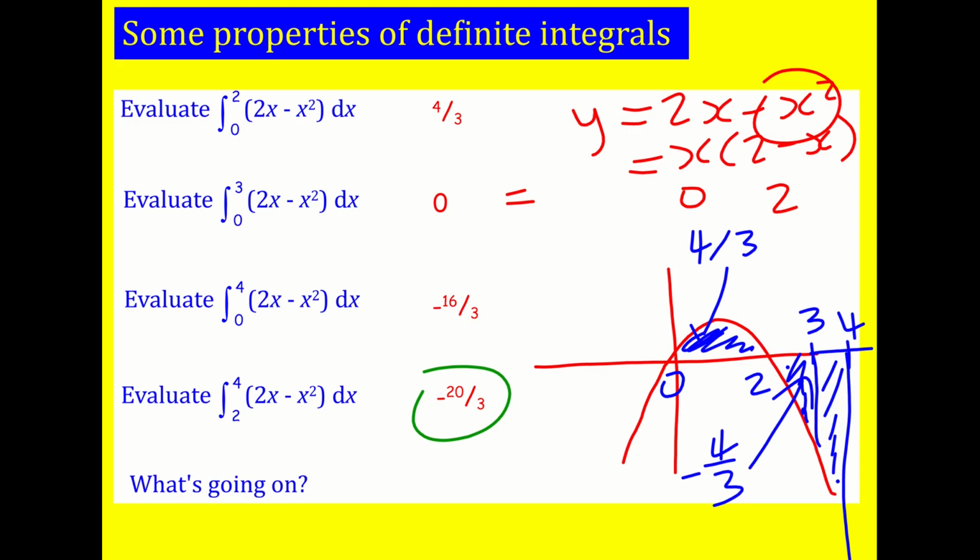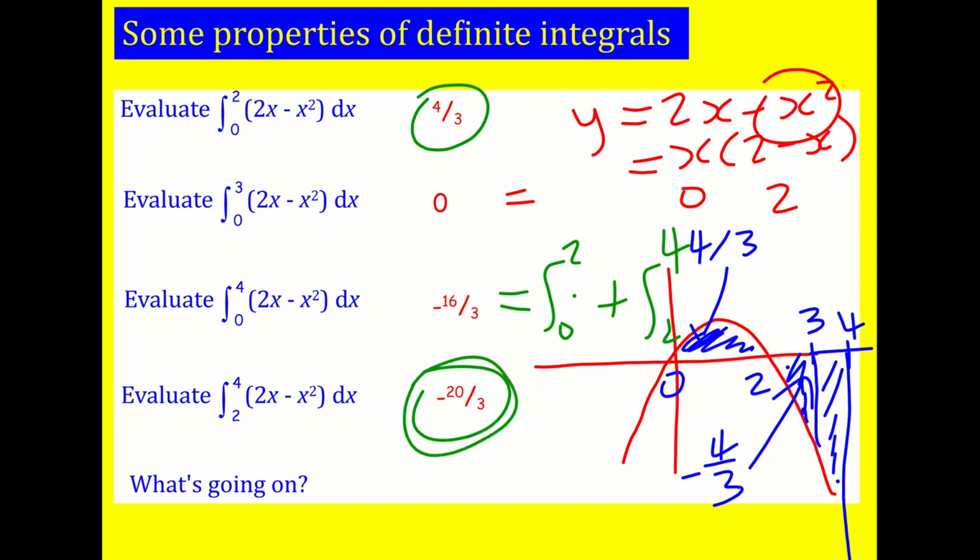So this integral from 0 to 4 is equal to my integral between 0 and 2 plus, I mean, I've not included everything here, plus my integral between 2 and 4. Yeah, 4 over 3 plus minus 20 over 3 equals minus 16 over 3.